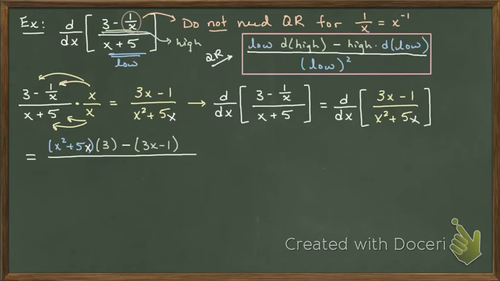The derivative of 3x minus 1 is 3, less, minus, high, 3x minus 1, d low is 2x plus 5. Okay, denominator squared, that should be x squared plus 5x, squared.